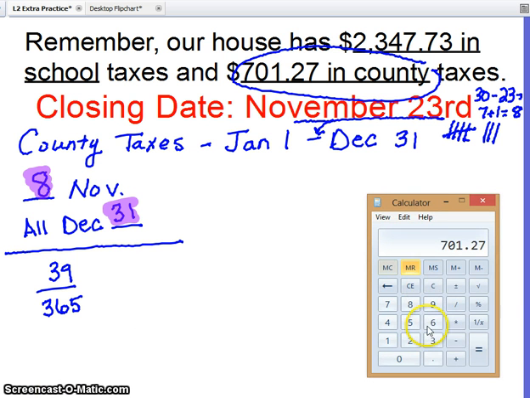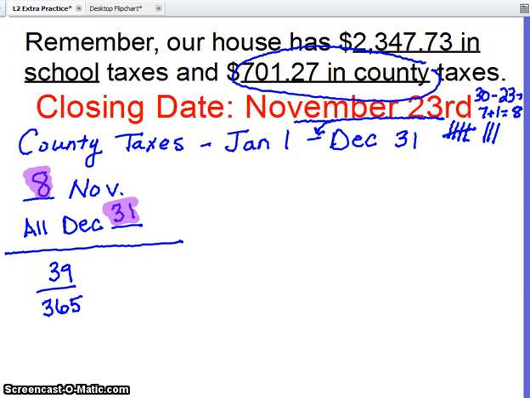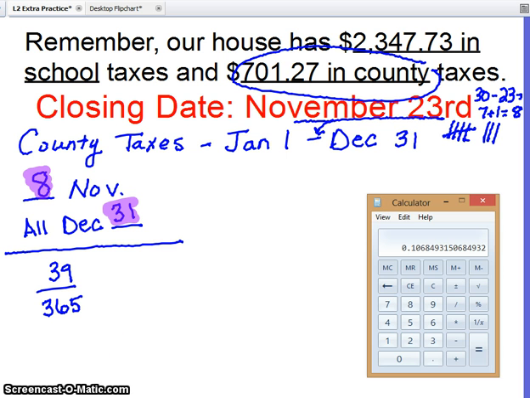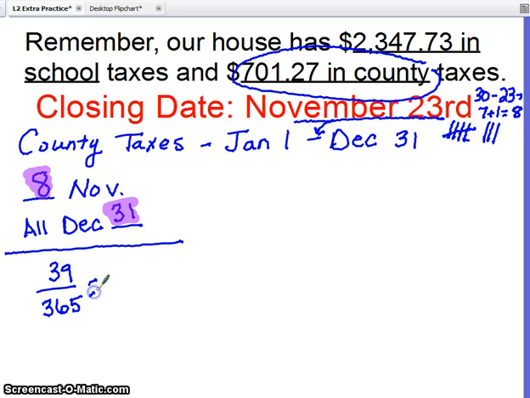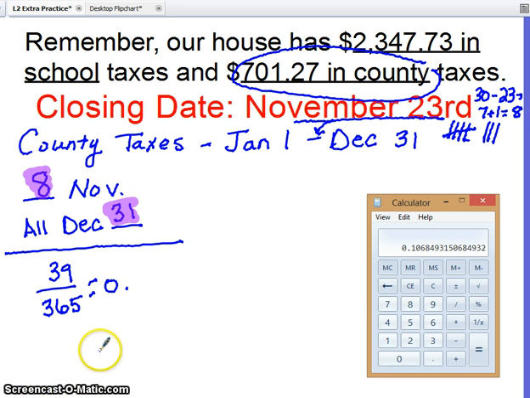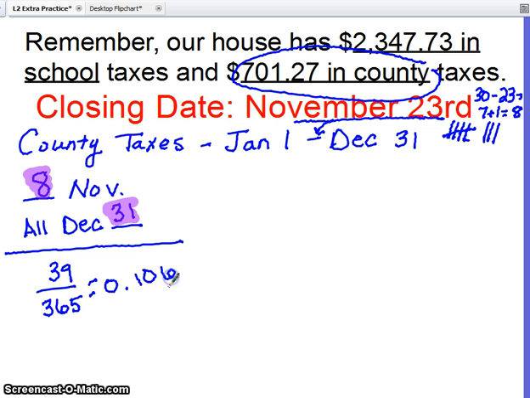So if we use our calculator and divide 39 by 365, we get 0.106. We use the thousandth place to round to the hundredths. So this is about 11% of the year.